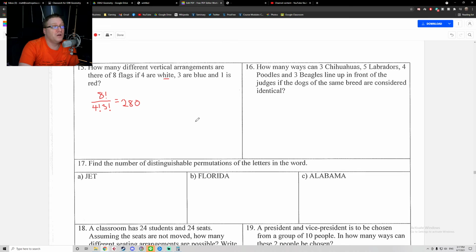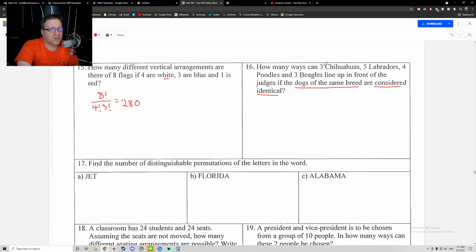Again, it says, how many ways can 3 Chihuahuas, 5 Labradors, 4 Poodles and 3 Beagles line up in front of the judges if the dogs of the same breed are considered identical? The 3 Beagles are all identical, so it doesn't matter which order they are.